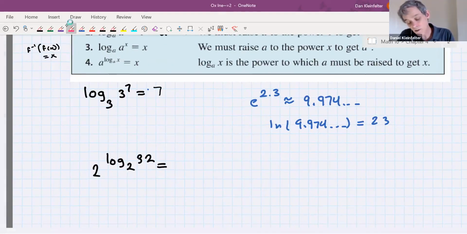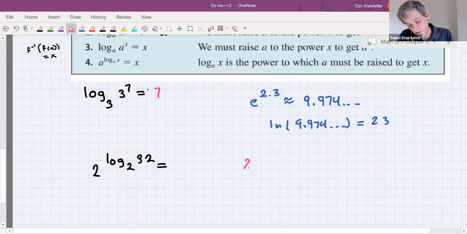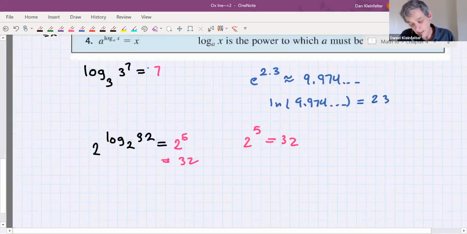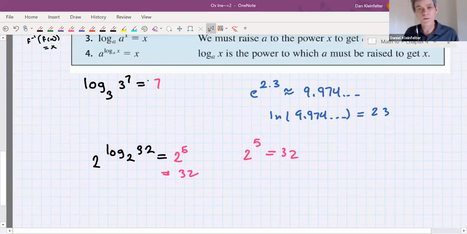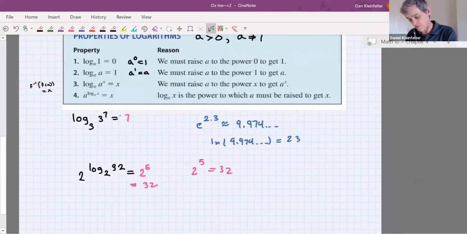The base 2 logarithm of 32: 2 raised to what power gives 32? 2 raised to the 5th power is 32. So if you raise 2 to that power, what do you get? 32, right? Like I said, those are a little bit trickier to catch, but we'll have occasion to use them from time to time.